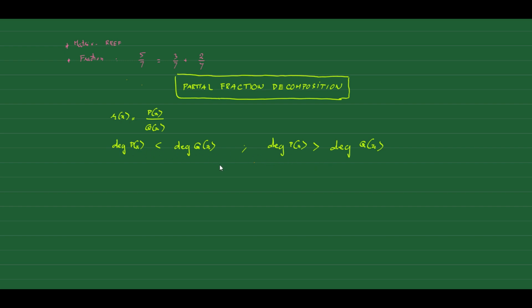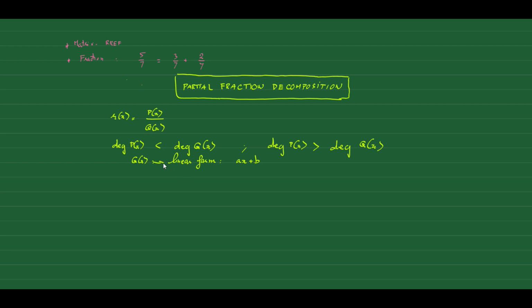In either case, q of x, which is the denominator, could be in a linear form, or it could be in a non-linear form. The linear form I'm talking about will be this one. Actually we have only one linear form, right? And this one we call a linear factor, because we want to put q of x into factored form.